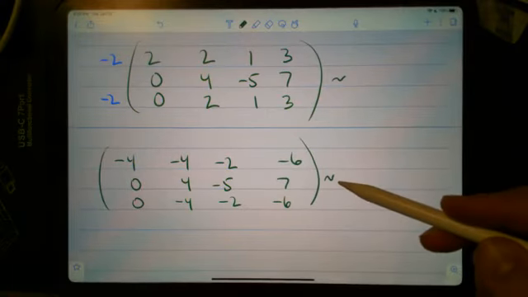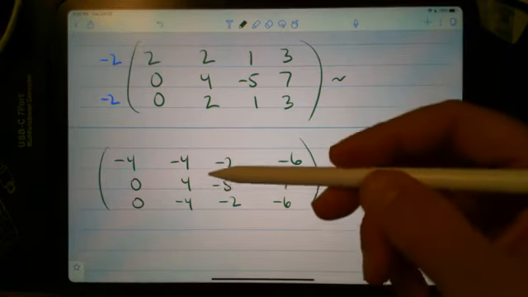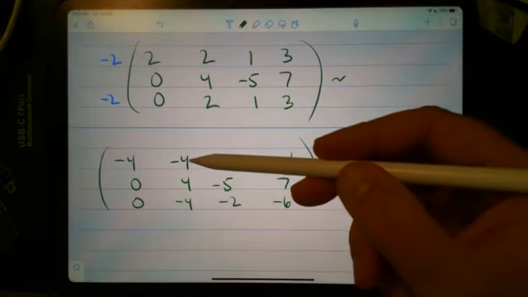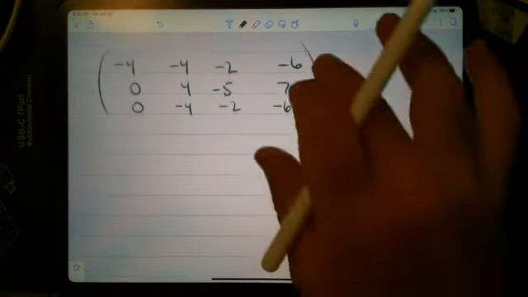This little squiggle mark is called a tilde. This means it is similar to. So that now row 2 added to row 1 is going to give me a 0. And row 2 added to row 3 is going to give me a 0. Okay.